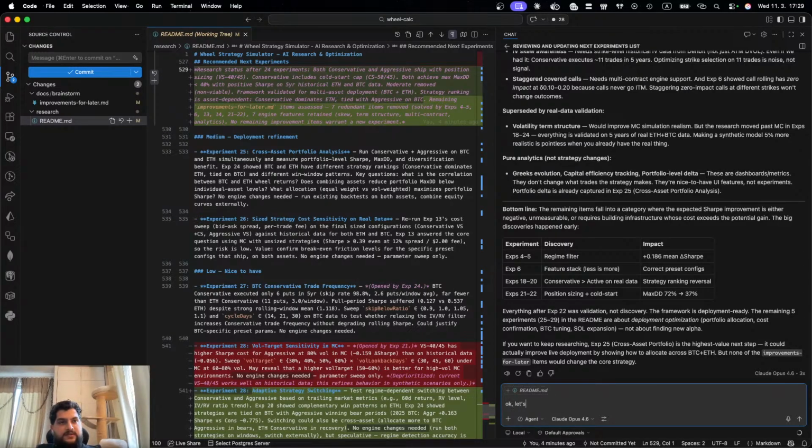Okay, let's write this down in both improvements, so I will not get back to them anymore. And the readme too, so we can conclude. Okay, no, I think it's okay.